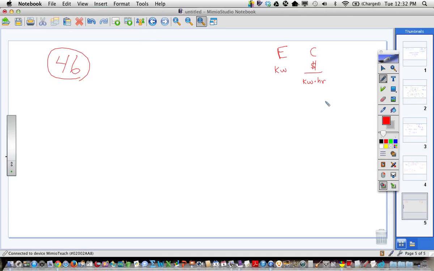So dollars per kilowatt hour. I mean, it's the same as dollars per kilowatt per hour. It's kind of like feet per second squared, right? It's feet per second, but then you invert the second, and it's feet per second squared. Well, this is like dollars per kilowatt per hour, but we usually write it dollars per kilowatt hour, like that.